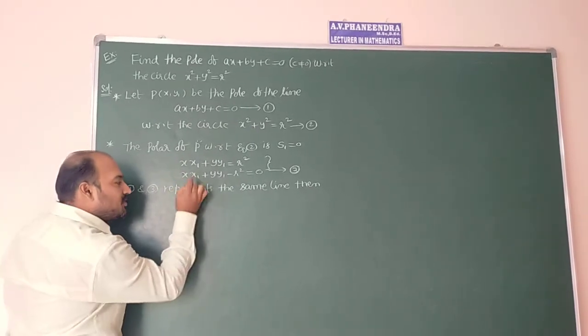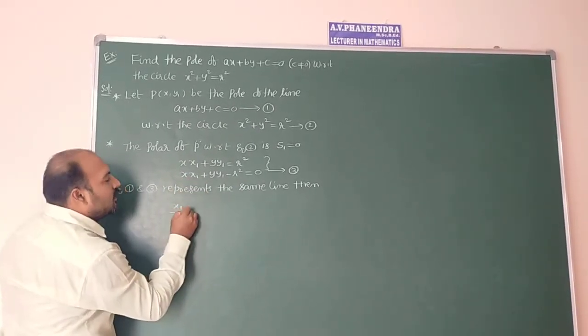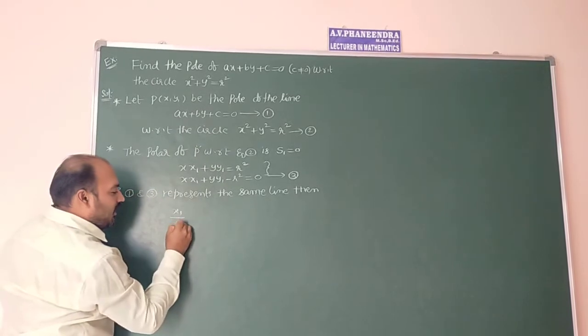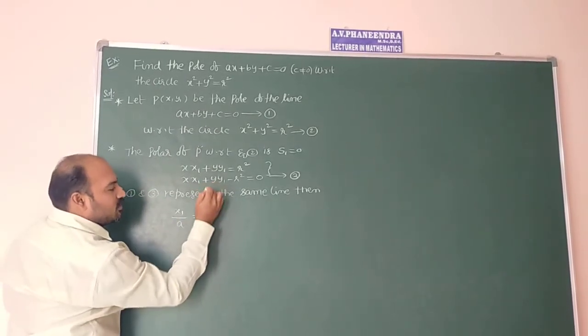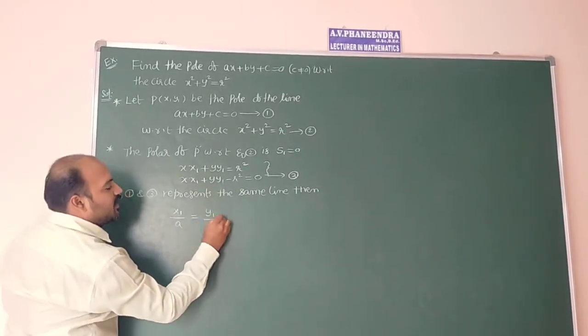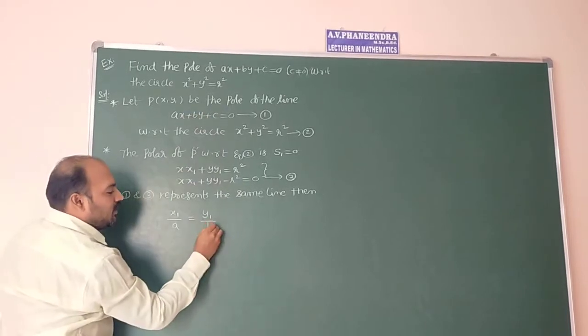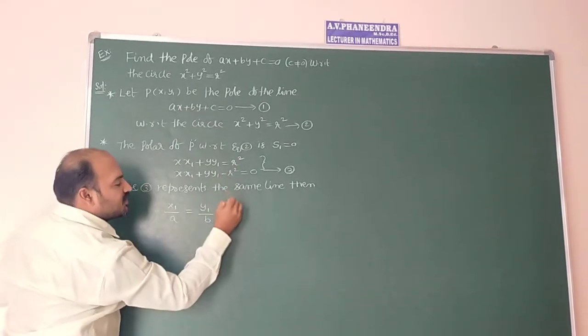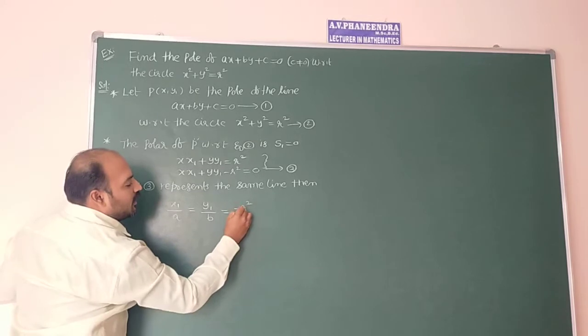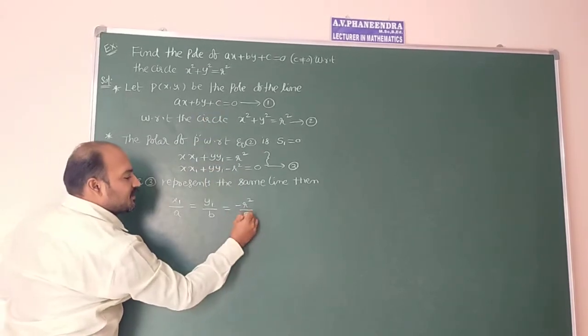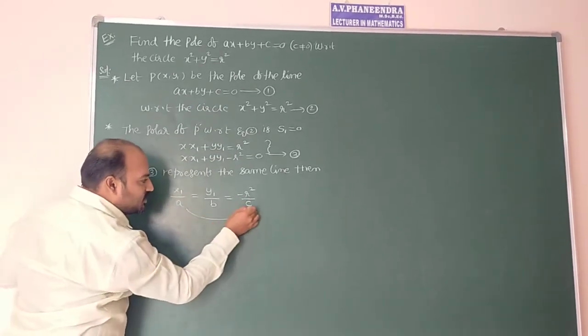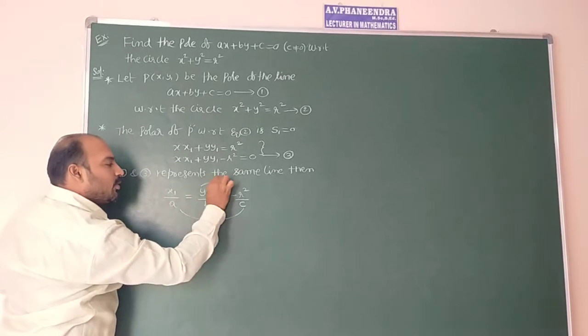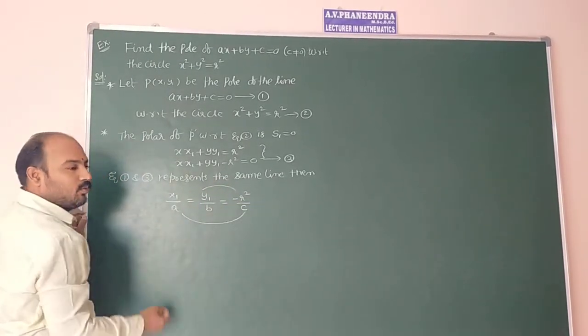In this, the x coefficient is x1, here the x coefficient is a. In this equation the y coefficient is y1, here the y coefficient is b, which is equal to the constant here, minus r square, divided by the constant here, c. Equating these two you will get the x1 value, equating these two you will get the y1 value.